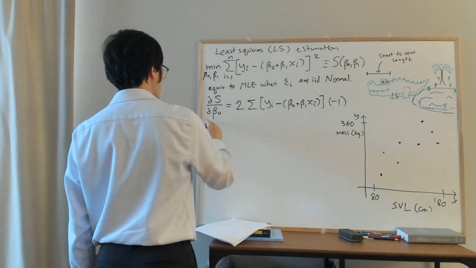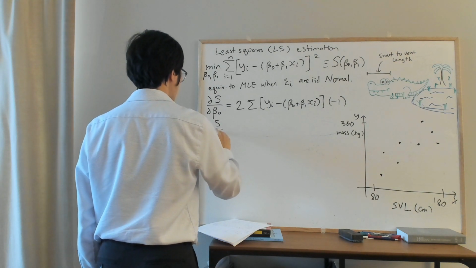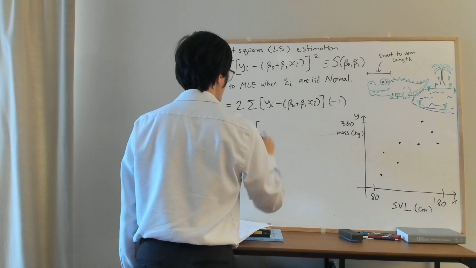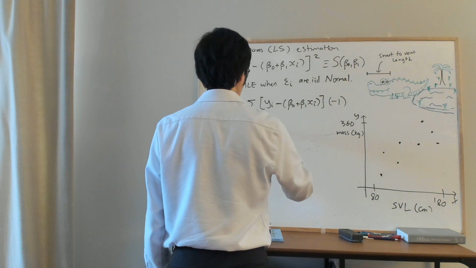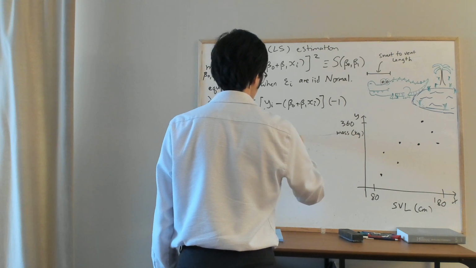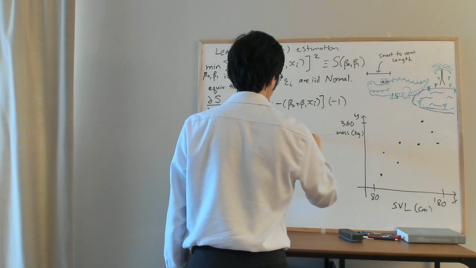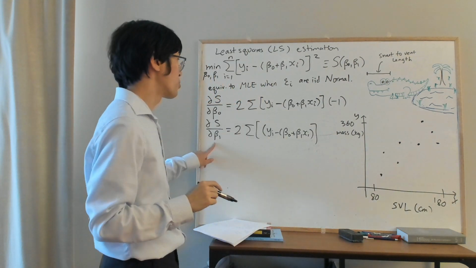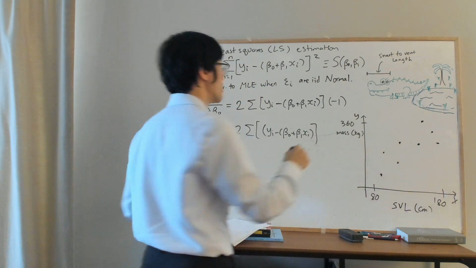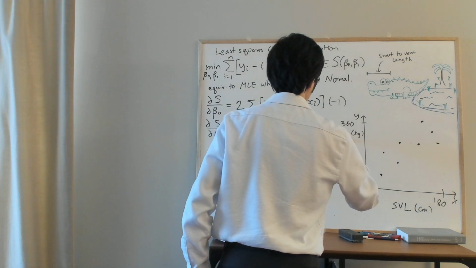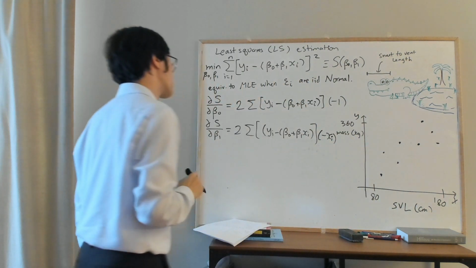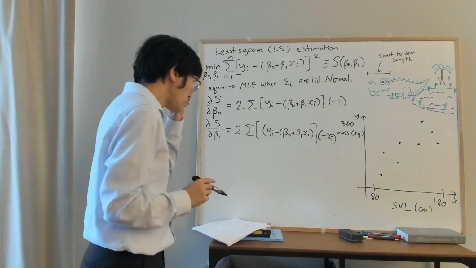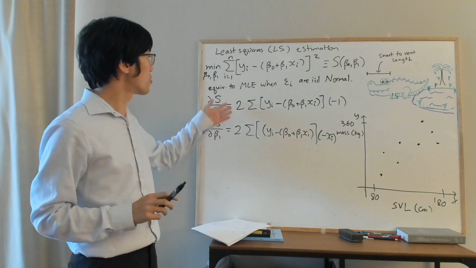And do the same for the second equation. So again, chain rule. Now I'm taking the derivative with respect to beta 1, and so the coefficient on there is going to be minus xi. And so those are the derivatives.